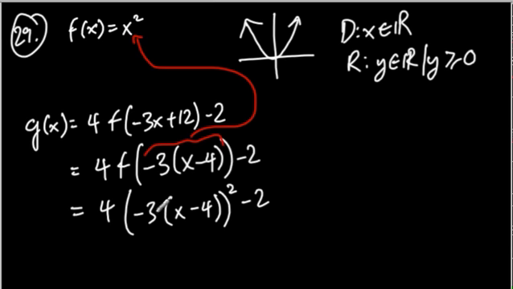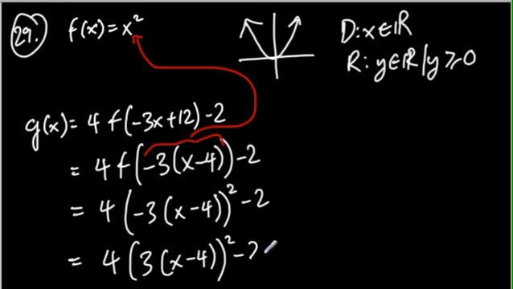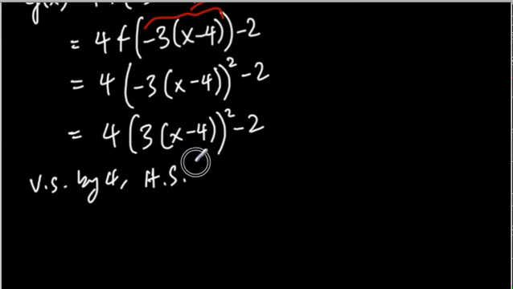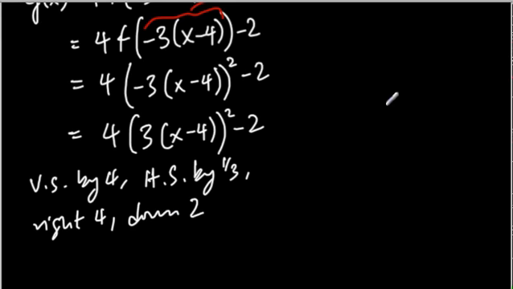Keep in mind that this is a reflection across the y-axis, and if you reflect this across the y-axis, it looks exactly the same, so it really won't make a difference. Also, you know that because if I square it, the square of a negative is positive. So basically, this is the same thing as 4 times (3x minus 4) squared minus 2. So this is a vertical stretch by 4, a horizontal stretch by 1/3. It's to the right 4 and down 2.